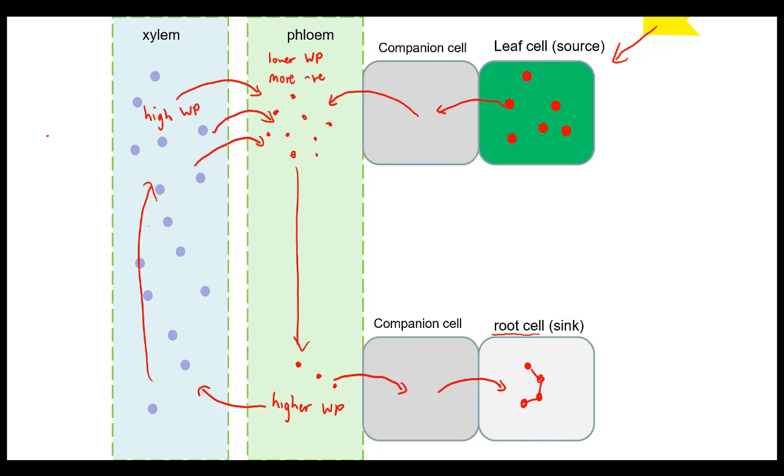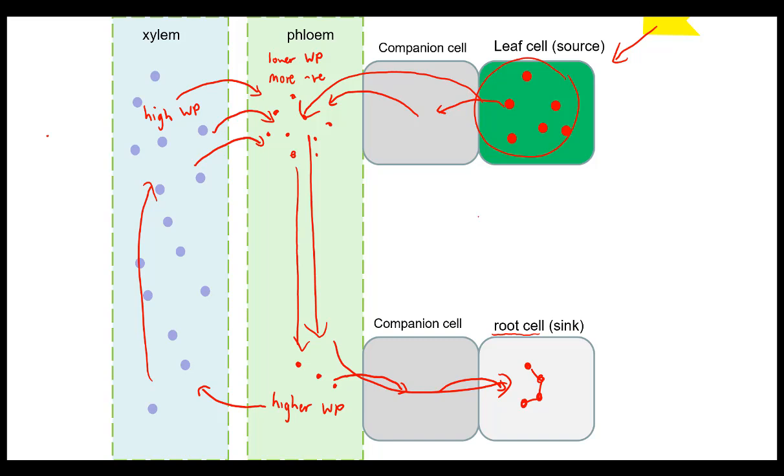It basically involves the movement of sucrose to the companion cells to the phloem, and then the movement of the sucrose down the phloem to where it's going to be stored. Now, the point of translocation is to move sugar so that it can be stored, or so that it can be moved for growth and repair.